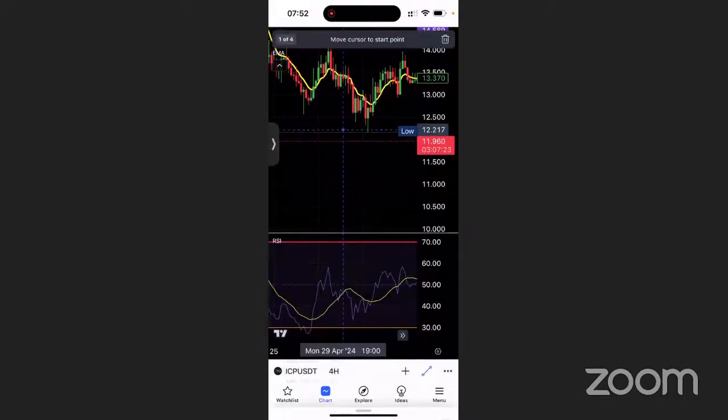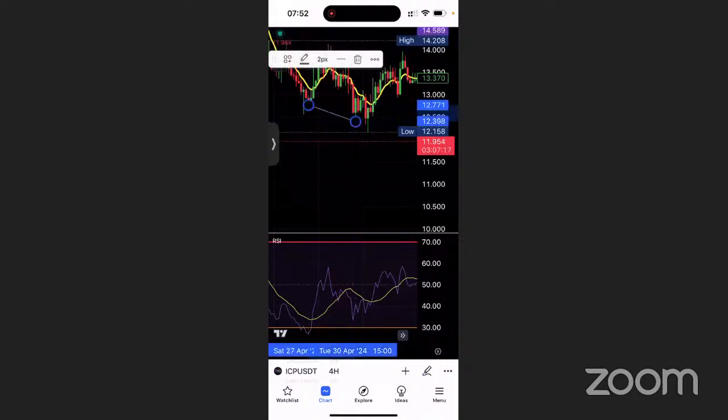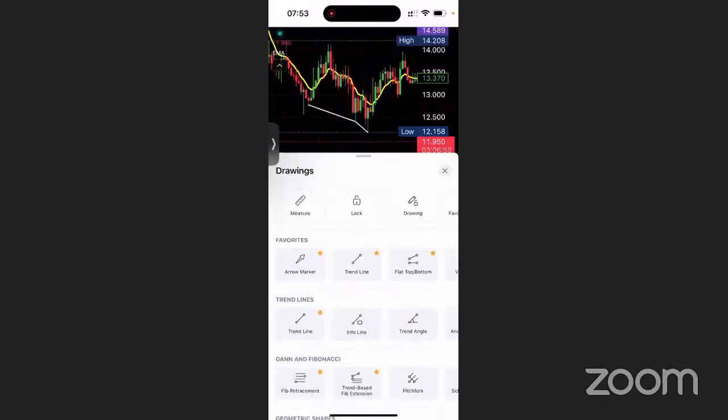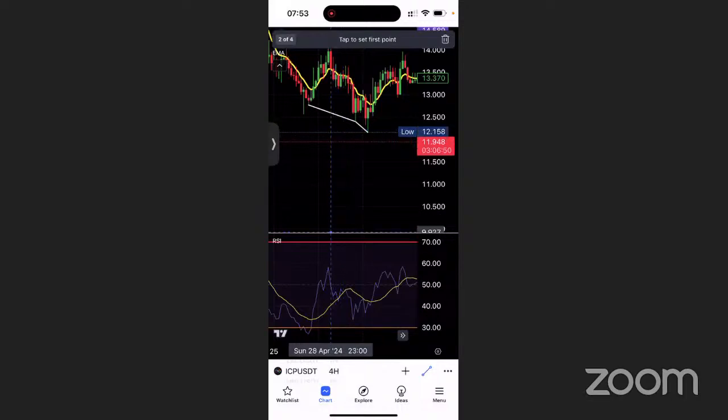Okay, let me try here and we see. If I connect this lowest point to here, that to that, and then I connect this lowest point to that. Then I connect this to this.